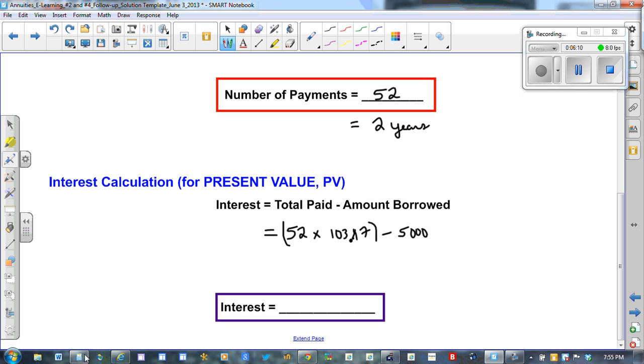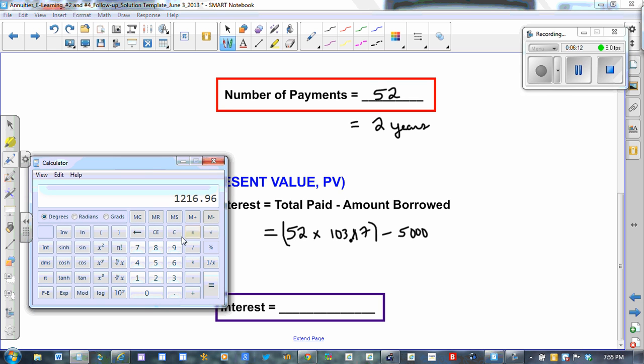So we'll grab our calculator. Let's work this out. 52 times 103.17 gives us 5364.84. That's good news. It's more than what we borrowed. So we'll subtract the 5,000.